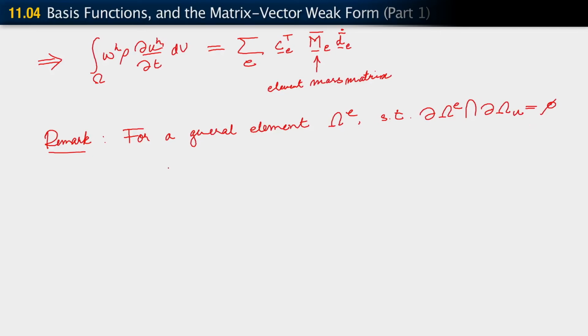For such an element, we observe that the dimension of C^E equals NNE. Therefore, what can you tell me about the M bar matrix?